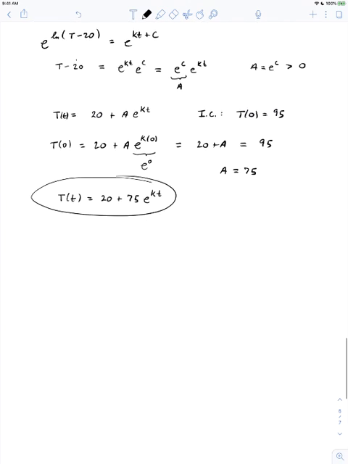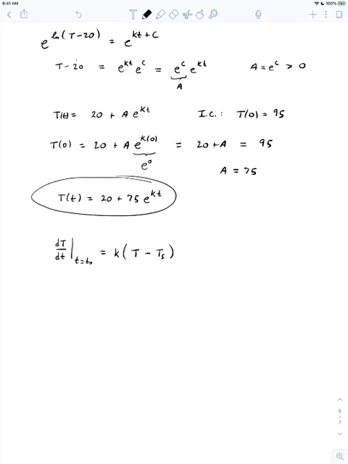Okay, so the derivative at t equals t0 is equal to k times (T minus Ts).